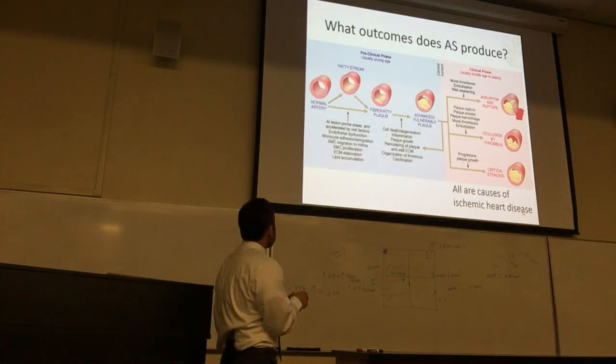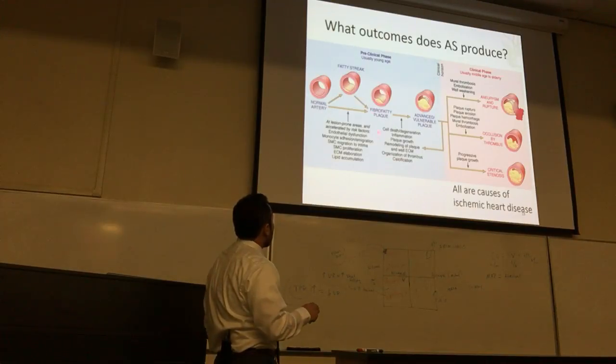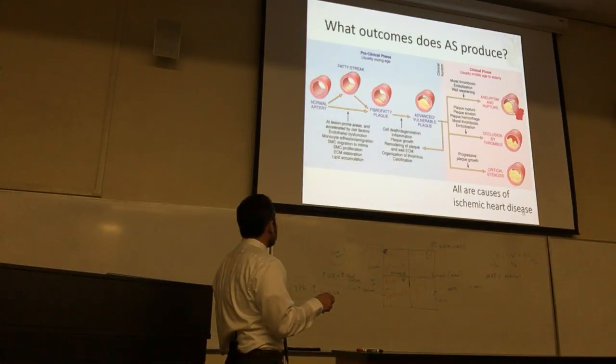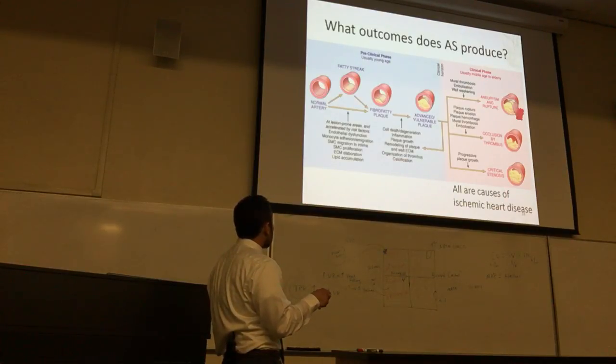Well, that fatty streak can progress into a fibrofatty plaque, and as it moves on, you start getting cell death within the luminal wall. You get plaque growing, you get ECM deposits, you get foam cells forming, and you start getting narrowing of the lumen. I would argue that this is really at the point where you're now in the clinical phase.